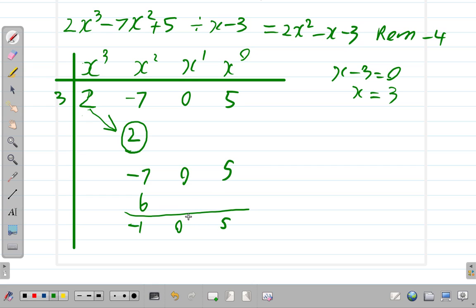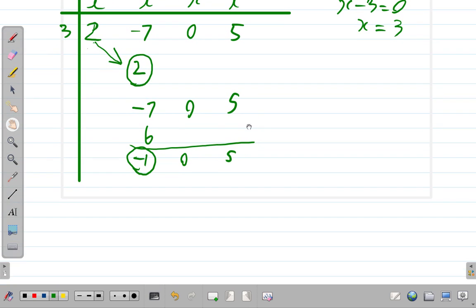Alright. So what you have here is negative 1. That will match with the x squared part. Now, 3 times negative 1 is negative 3.